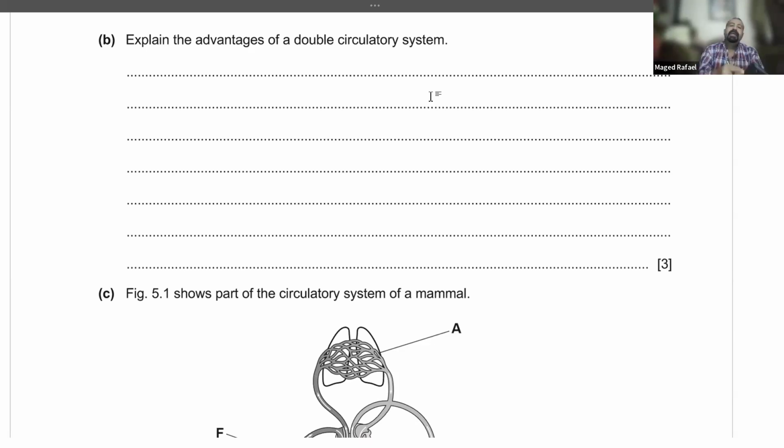Okay. So in this question please refer back to the presentation. There is a slide showing the importance of the splitting between the oxygenated and deoxygenated blood, and there is another slide for the advantages of double circulation. Honestly, this slide has 3 points for the 3 marks awarded in the question, Mohamed.